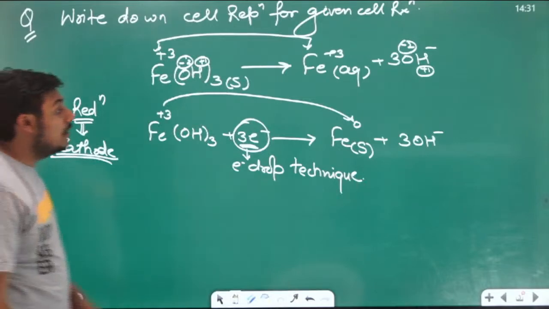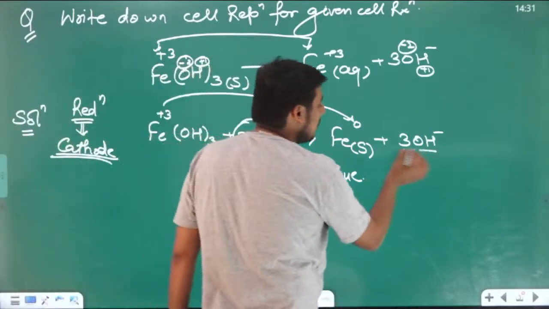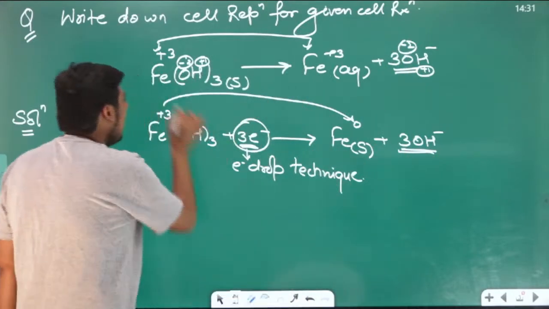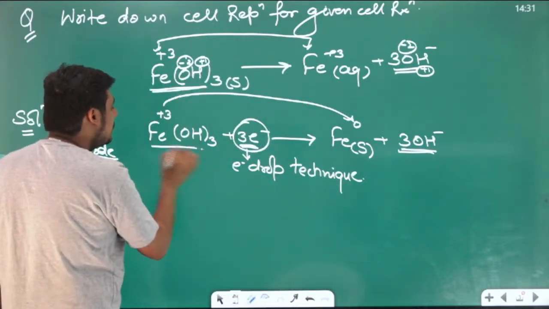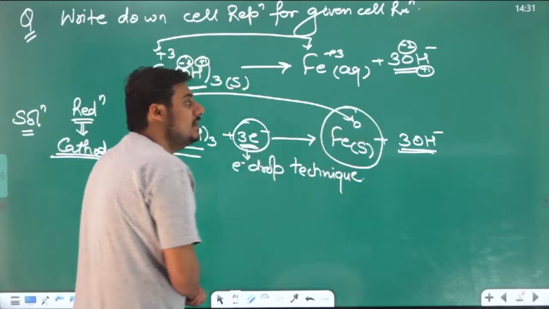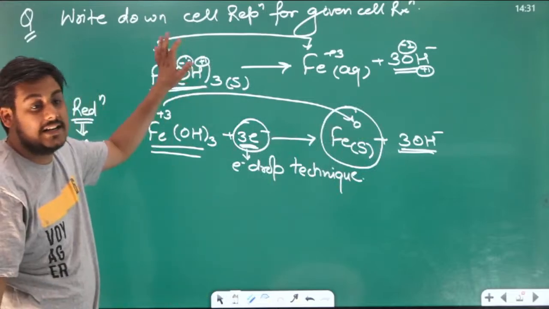Now we have 3OH- as a product. This is also a product of my complete cell reaction. I have used this reactant also. The only species which is extra over here is Fe solid in zero oxidation state. There is no other reactant left.